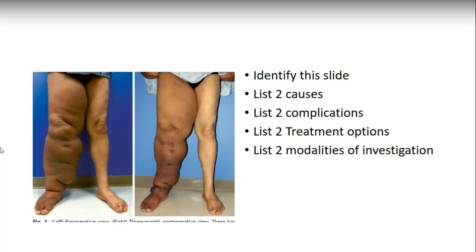Lymphoscintigraphy, that's one of the investigations you can do for them. You can also do a Doppler ultrasound scan for them. You can also do an MRI for them too. So these are possible investigations. MRI will pick the soft tissue component. Lymphoscintigraphy will pick the lymphatic drainage pattern for you.